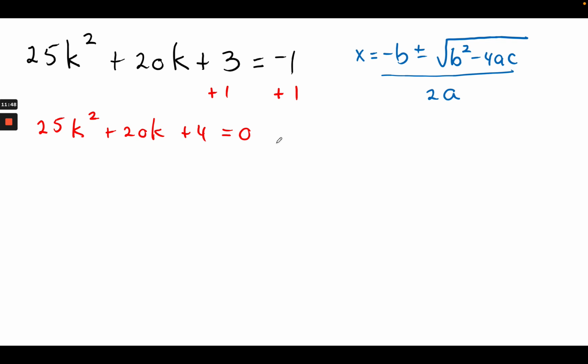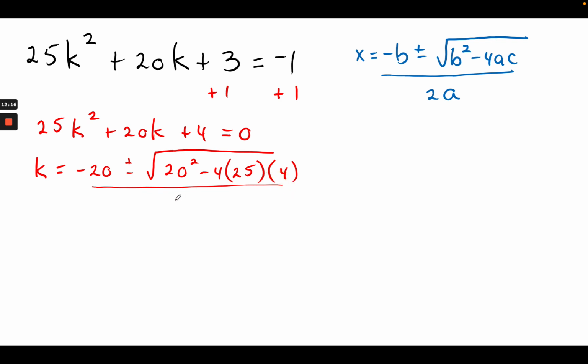K is equal to negative b, so that's negative 20, plus or minus the square root of b squared, so that's 20 squared, minus 4 times a, which is 25, times c, which is 4, all over 2 times 25.